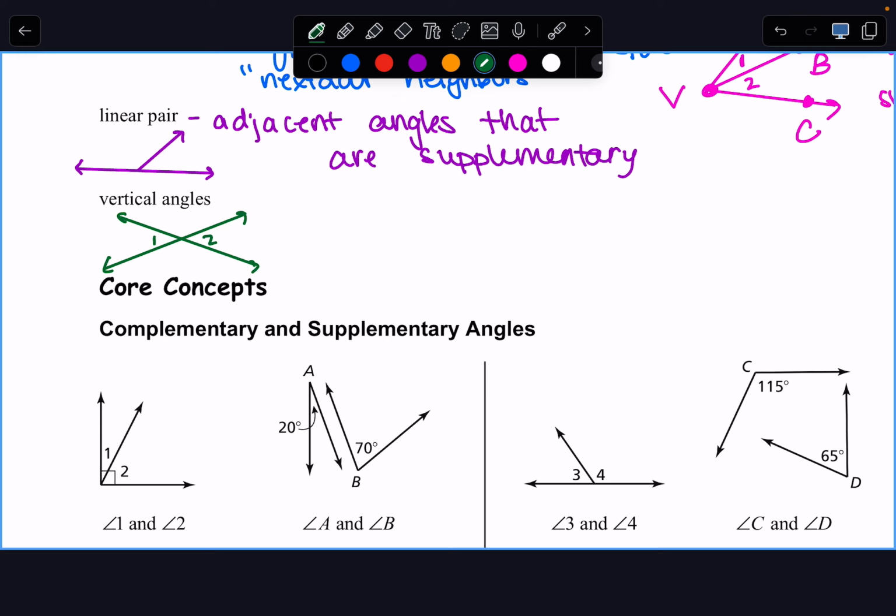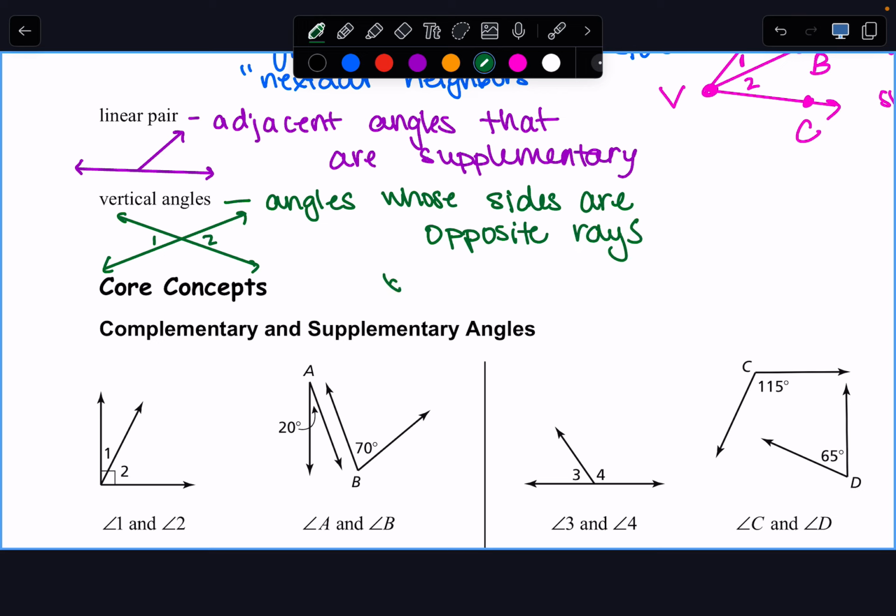Okay. So we're going to describe this as angles whose sides are opposite rays. And like Jack Riley said, they are going to have the same measure.